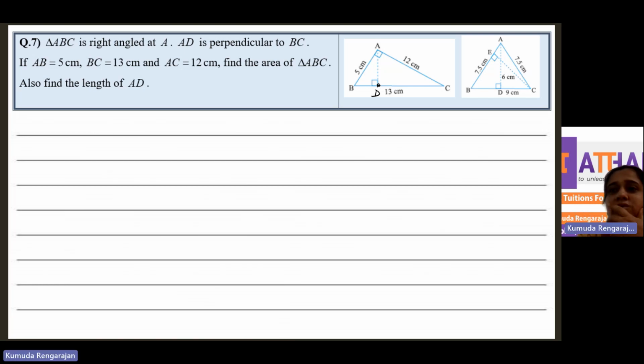Yes, name the 3 altitudes. Okay, he said AD. What's another one?